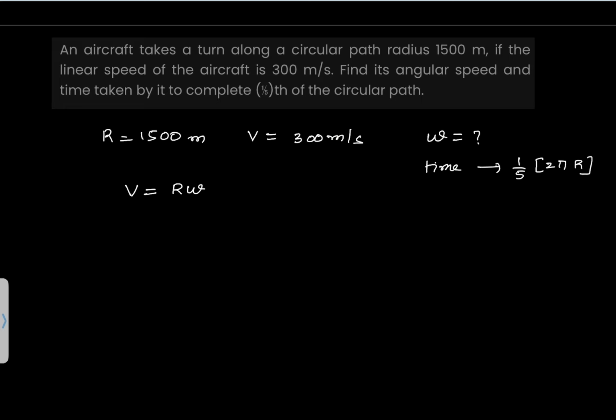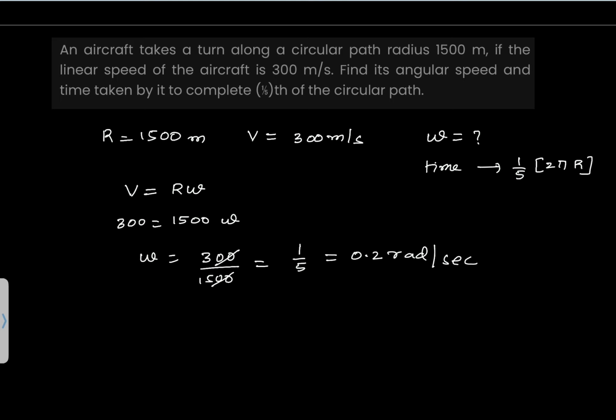Here v is 300 meters per second and r is 1500, so 300 = 1500 into omega. Omega will be 300 by 1500. I can cancel the zeros and end up with 1 by 5, or 0.2 radians per second. So omega is 0.2 radians per second.